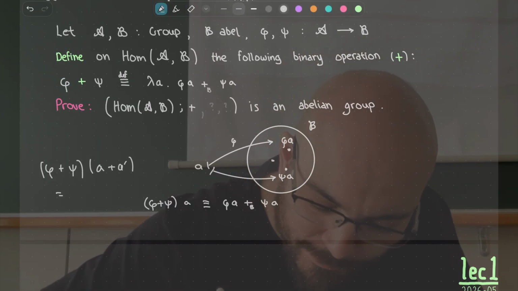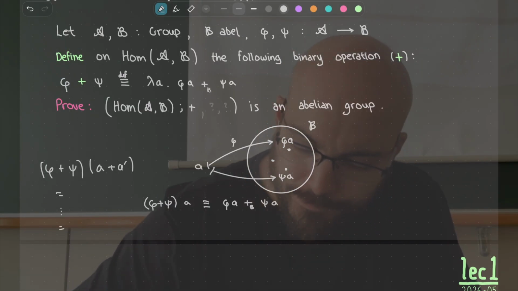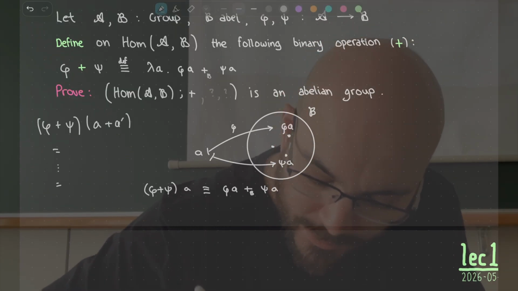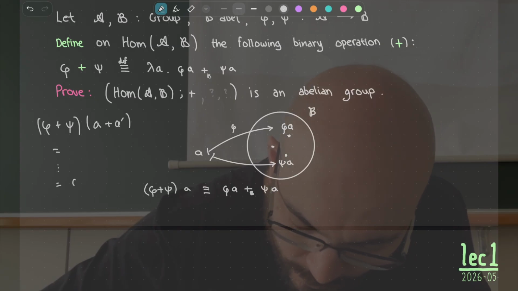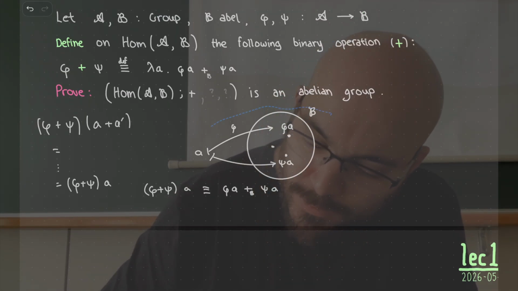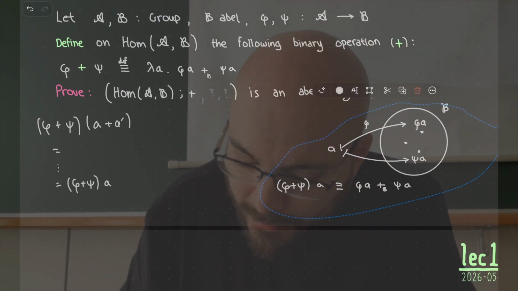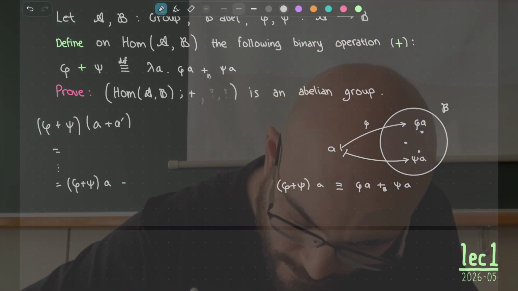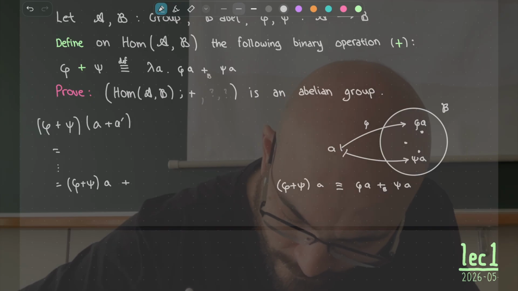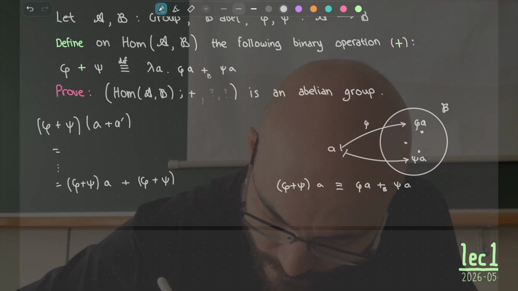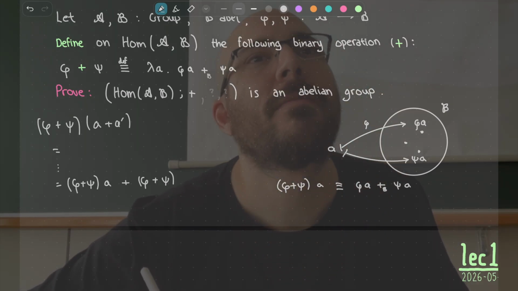So I need to reach this. Can someone see why I need the commutativity of the group B to be essential here? Yes, because you will get phi of A plus phi of A prime plus psi of A plus psi of A prime.